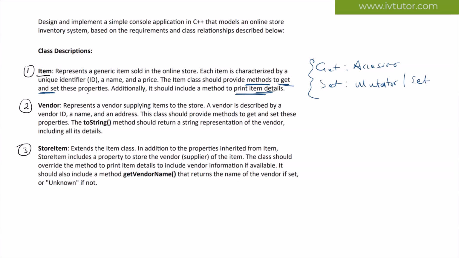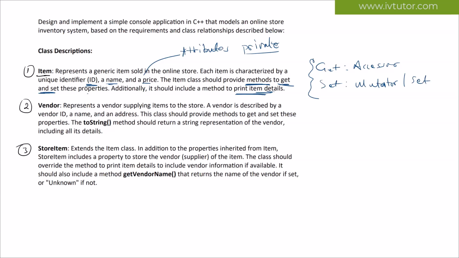Now, all these attributes within a class, the identifier, the name, the price, are always set as private because the information that your class stores should remain inside that class. It should never be directly accessible to the outside world.